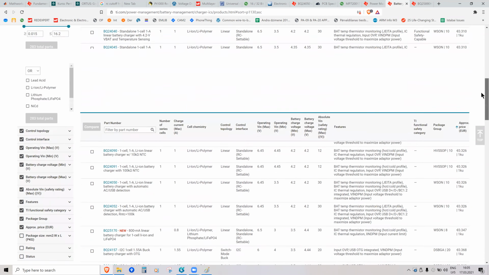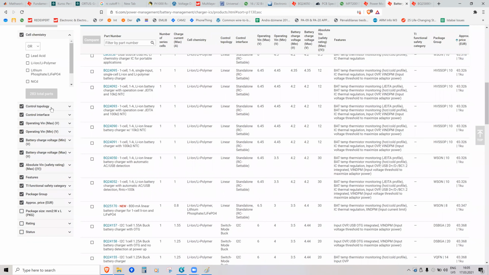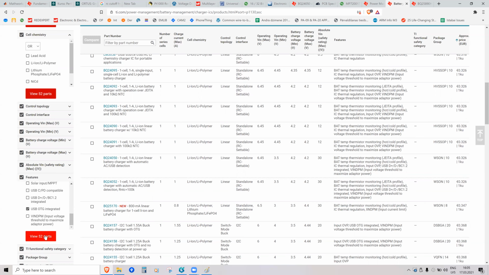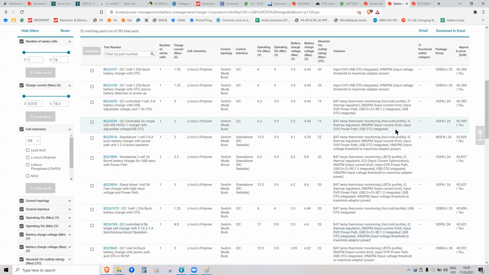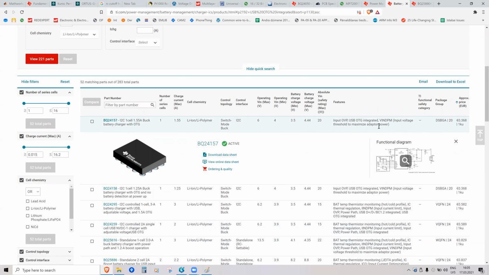You can check out here, and also under features, control topology, interface, and so on, you can check that it needs to be USB on-the-go integrated: 52 parts. So a lot of parts to choose from.